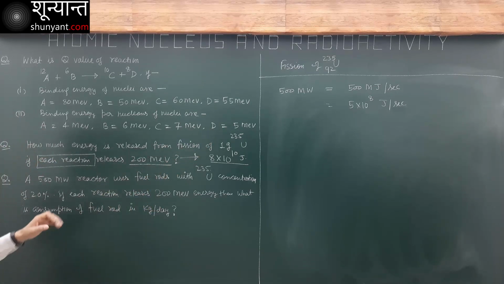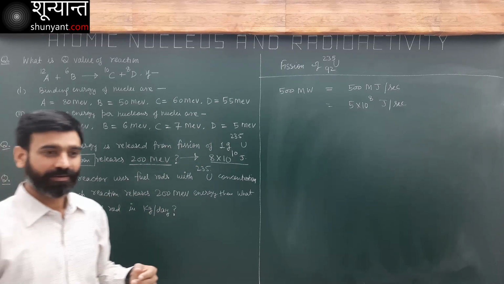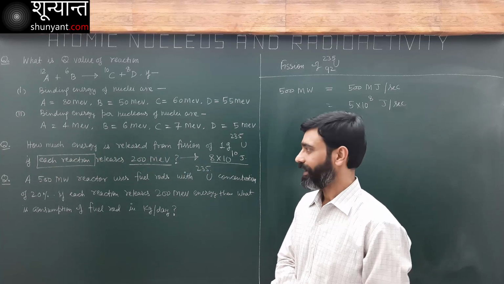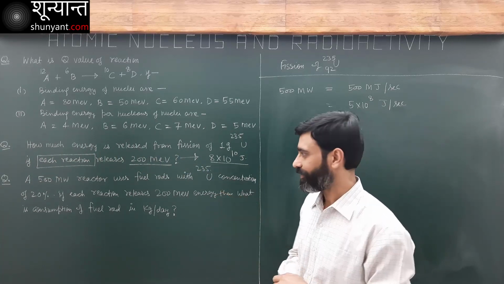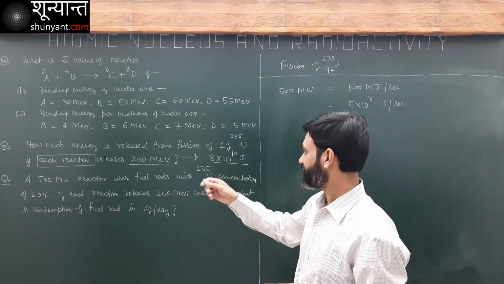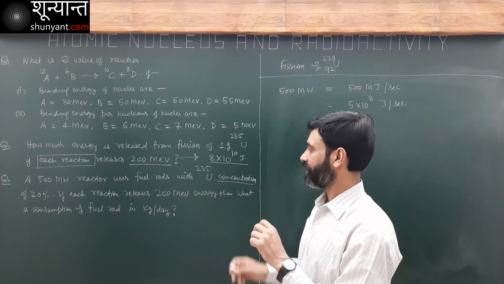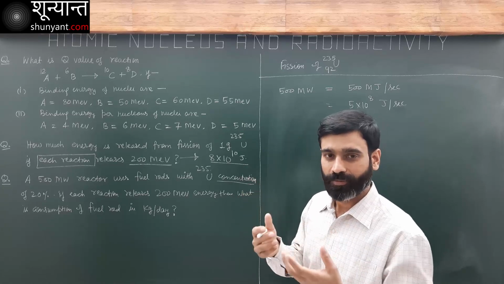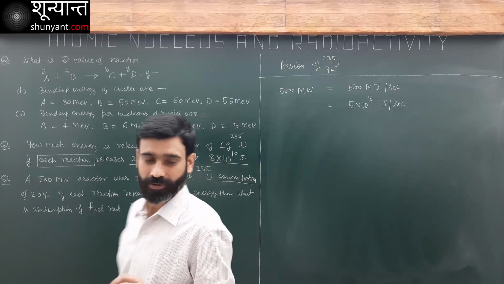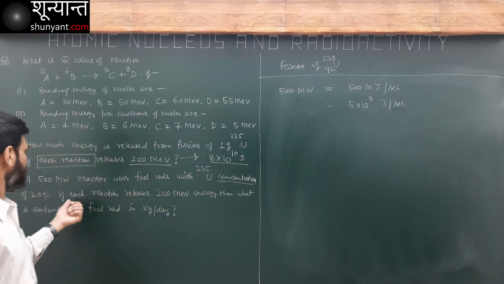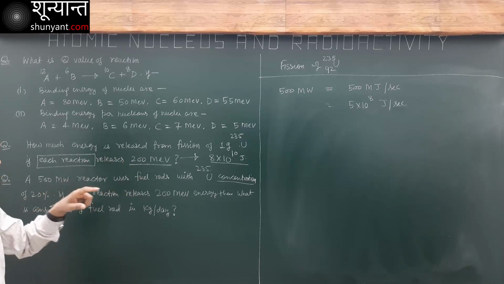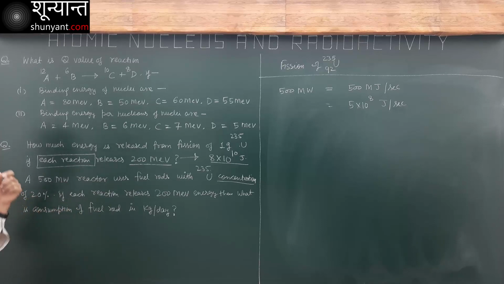Now the question is, to produce this much energy, how much fuel rod should I use? Some other parameters are given for the fuel rod. It says 20%, the concentration. This energy is coming from the reaction of this uranium, and the fuel rod in which this uranium is present has a concentration of 20%.